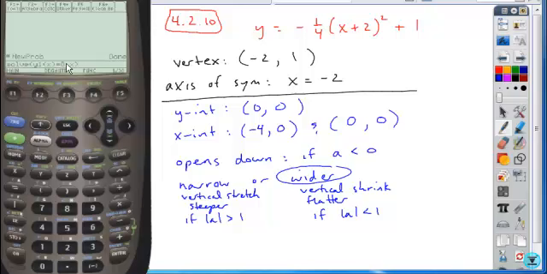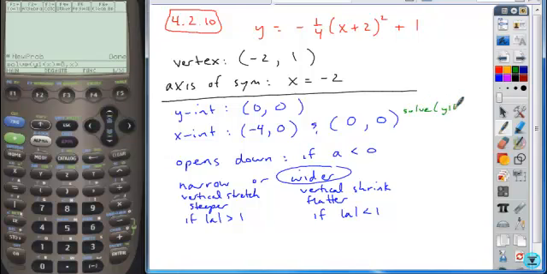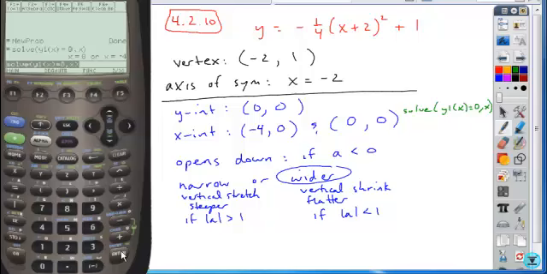That's what it means when it's saying the x-intercepts. So as long as I type in solve y1 of x equals 0, comma x, I will get all my zeros, and then I just label them. 0 and -4, zeros to the right, -4 to the left.